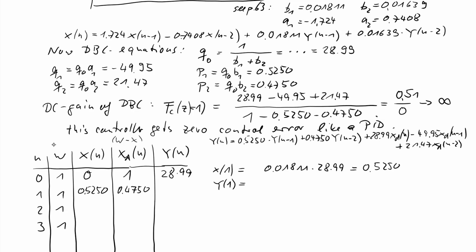And now the y1 value is interesting. Now I just make this in small steps. y1 is now 0.525 times y0, our 28.99. This value is still 0, so I have to use now plus 28.99 times xd1, which is 0.475, minus 49.95 times xd one step before, and this is our 1.